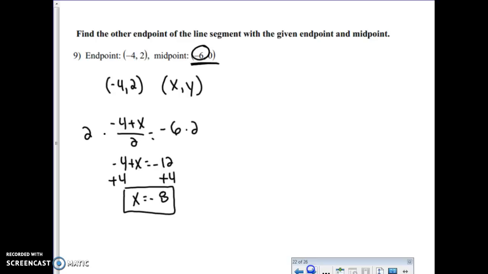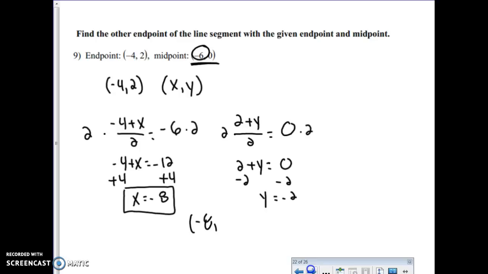So I'm going to take (2 plus y) over 2 and see what equals 0. I multiply both sides by 2, so I got 2 plus y equals 0, and then I subtract 2. I get y to be -2. So (-8, -2) gets me the other endpoint that I'm looking for.